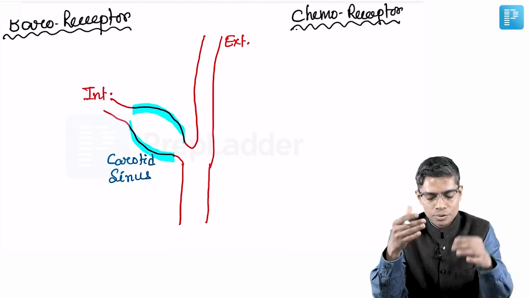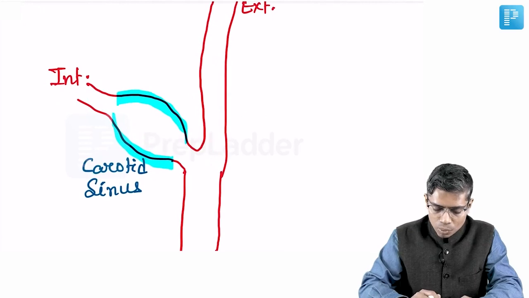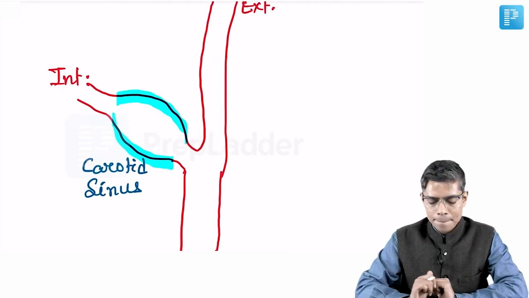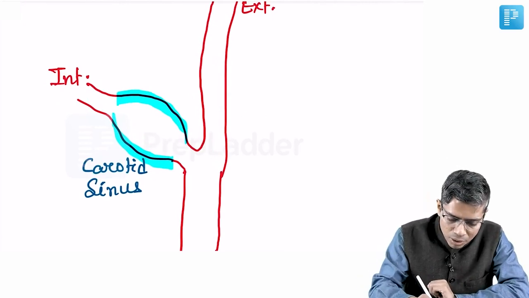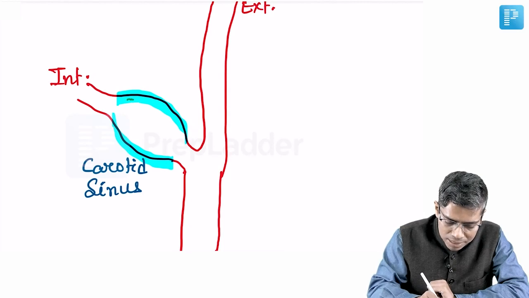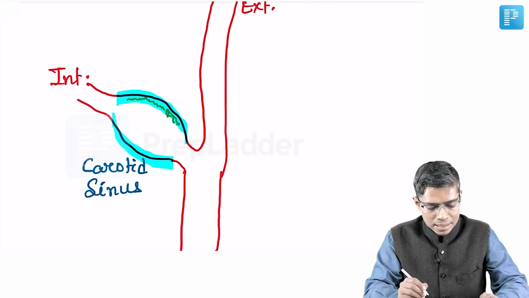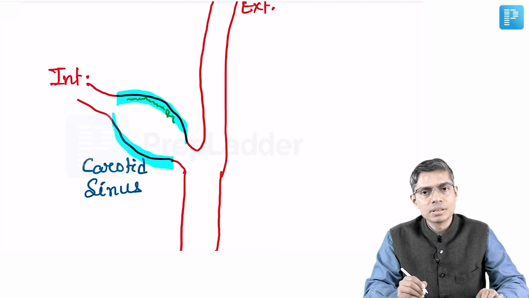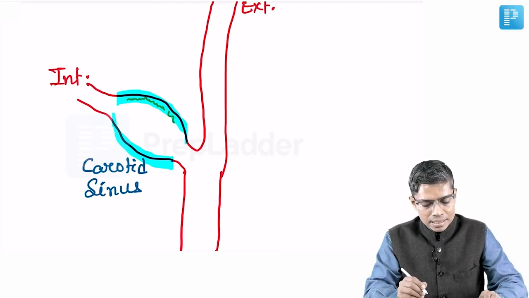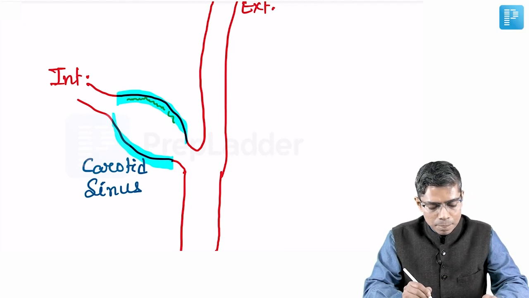So it's a vessel. If I look at the wall of this blood vessel, then at the level of this vessel wall, there are some nerve fiber endings. These nerve fiber endings can detect the stretch, can detect the mechanical stretch on this vessel, and this is known as the baroreceptor.